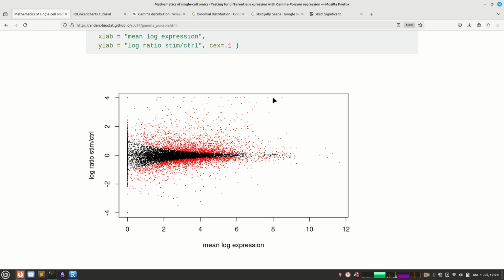That's called in statistics a variance-bias trade-off, because as I told you before, in principle all these log ratio estimates should be unbiased. But here to the left they have higher variance than to the right. If I now try to compensate by pushing them towards zero, and the higher the variance, the more I push them towards zero, I reduce the variance and I buy this by introducing a bias.